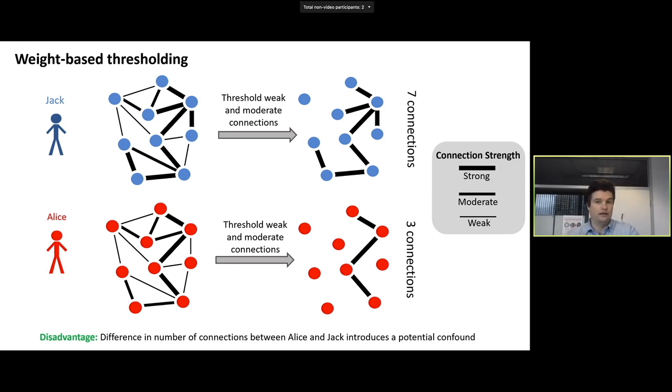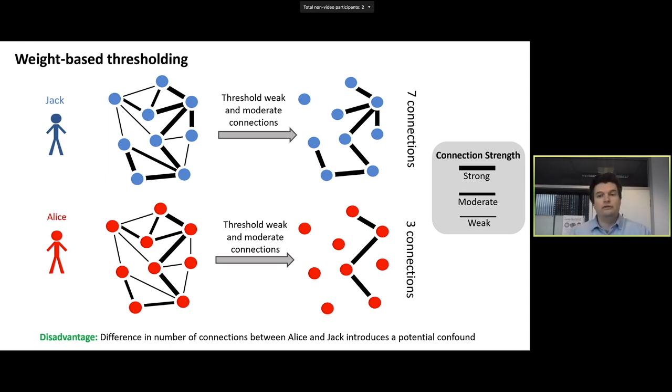In this example, I've shown 2 connectomes, 2 networks, Jack and Alice, and we see that Jack's connectome comprises a greater number of strong connections. These are the thicker edges that I've shown in the network. Now, if we threshold in such a way that we discard the weak and the moderate connections, we see that Jack's thresholded network comprises a greater number of connections compared to Alice's thresholded network.